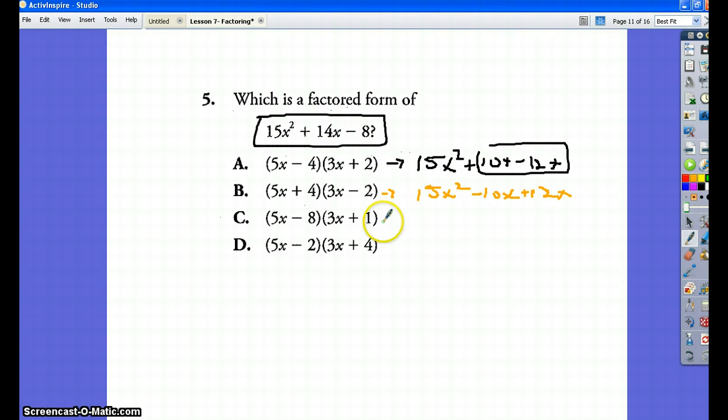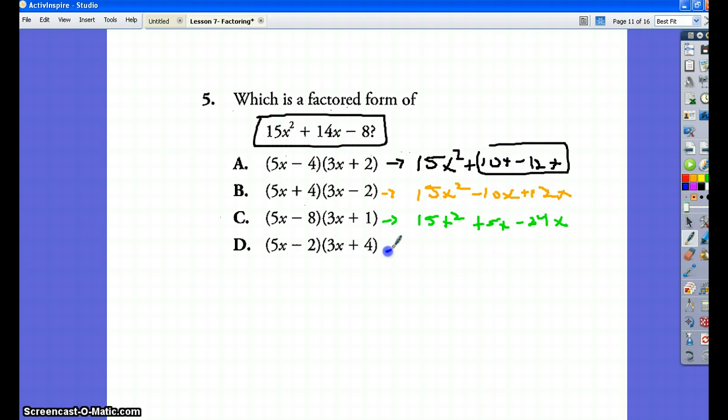Let's try this one. That's going to be 15x squared plus 5x minus 24x. I can stop right there because I know 5x minus 24x is negative 19x, which isn't the answer.